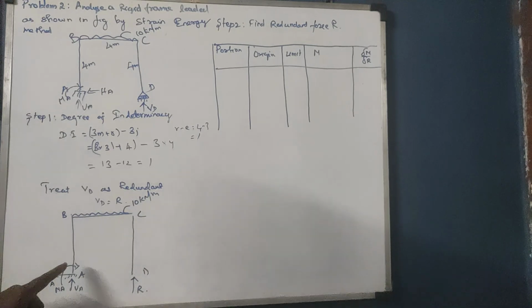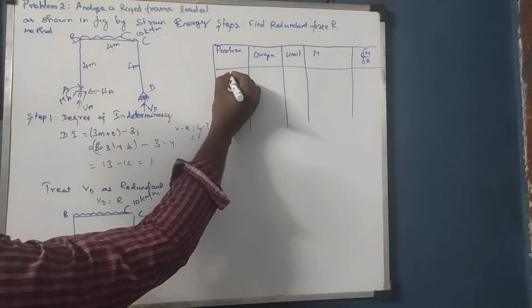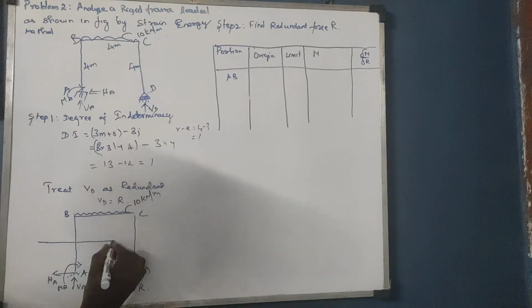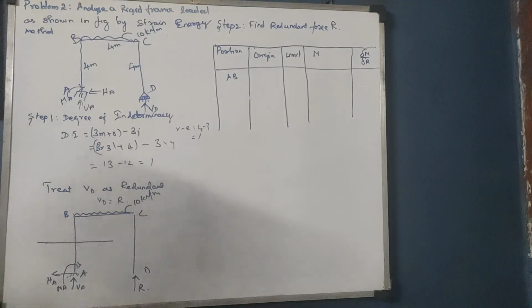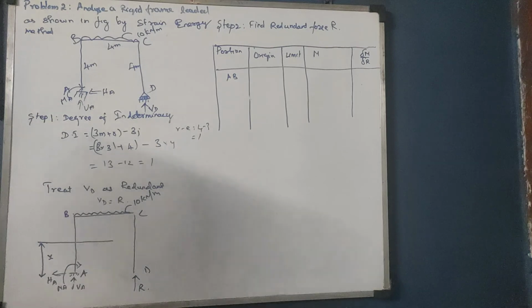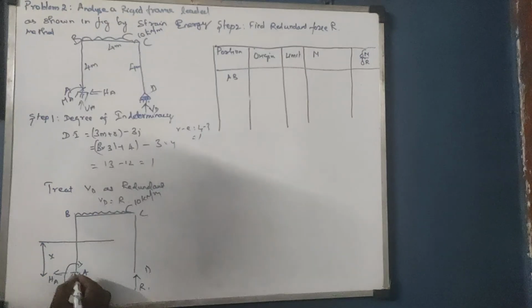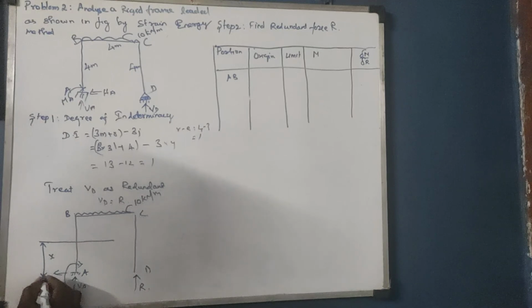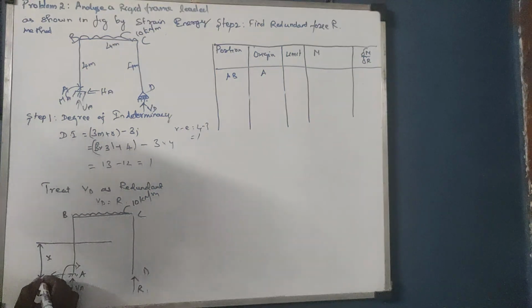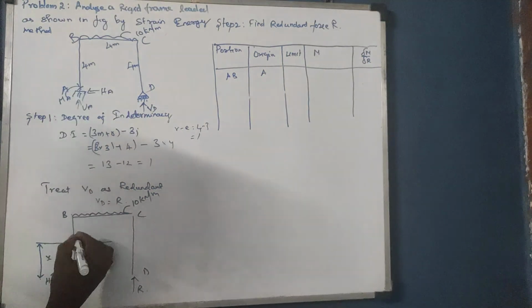So first portion AB. Here choose a section from here. It is X. If it is X from this point, we have to consider A as origin, and the limit is 0 to 4 meter.